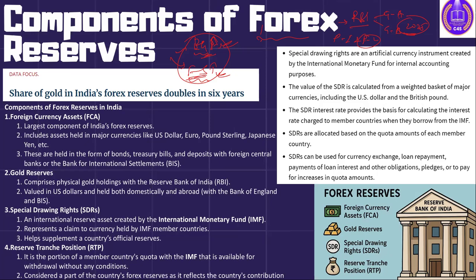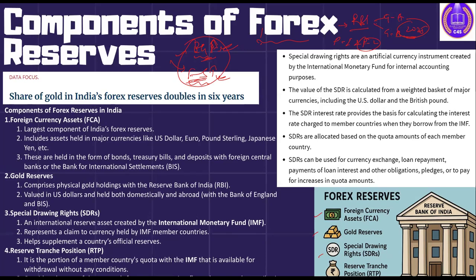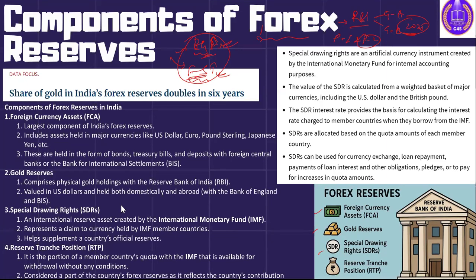Now, components of forex reserve in our country, we have talked about these four components. Let's look into them one by one. All right. So the first one, foreign currency assets, is the largest component in India's forex reserves. It includes major currencies like the dollar, euro, pound, Japanese yen.